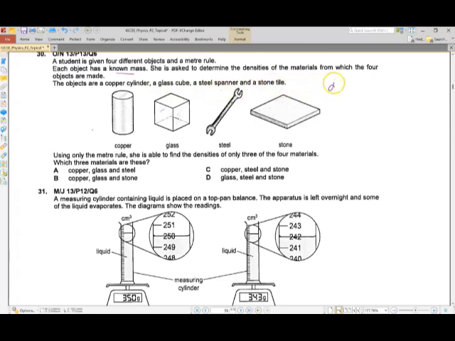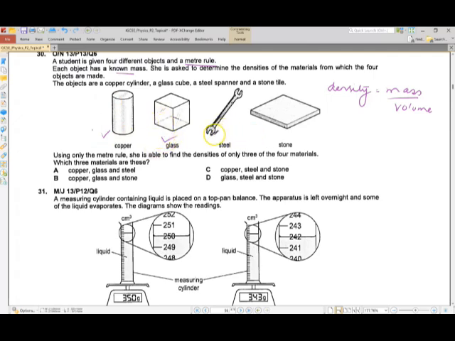Okay, we already know that to find the density we need 2 entities, that is mass and volume. Mass she already knows, and for volume she only has a meter rule. So if we see, she can always find the dimensions of this cylinder with a meter rule. This is a cube. She can find the dimensions of a cube with a meter rule.